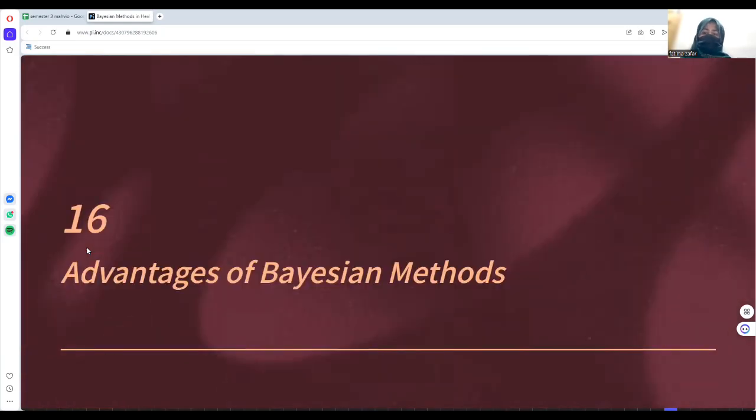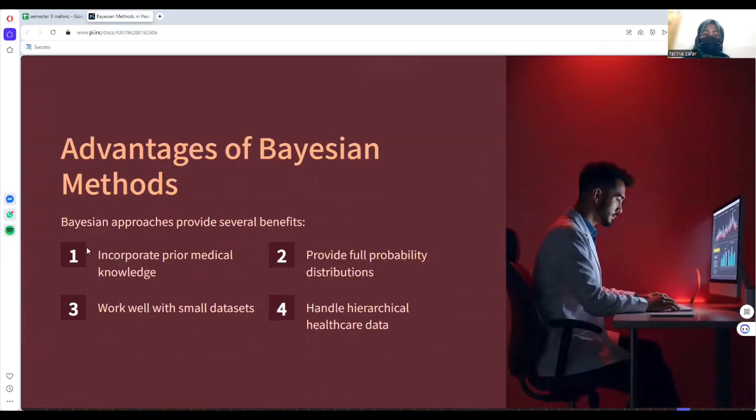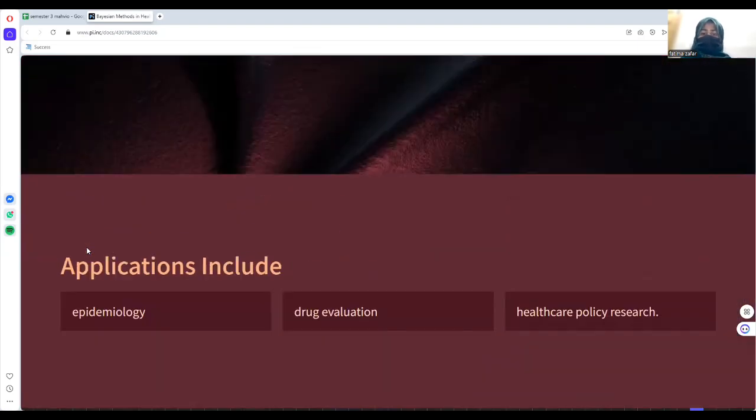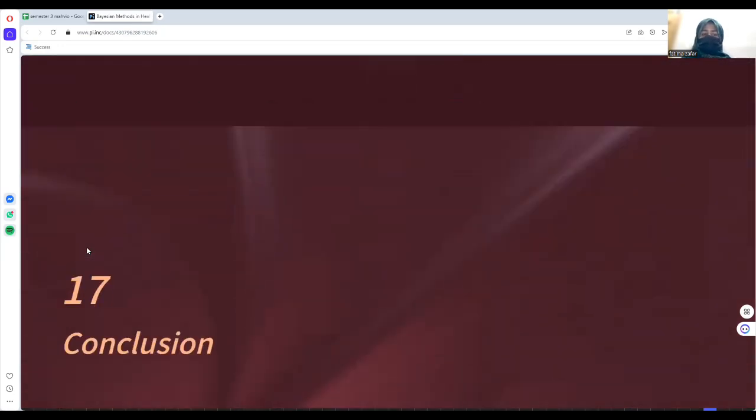Now let me cover the advantages of Bayesian methods. They incorporate prior medical knowledge, provide full probability distributions, work well with small data sets, and handle hierarchical healthcare data. The applications are epidemiology, drug evaluation, and healthcare policy research.